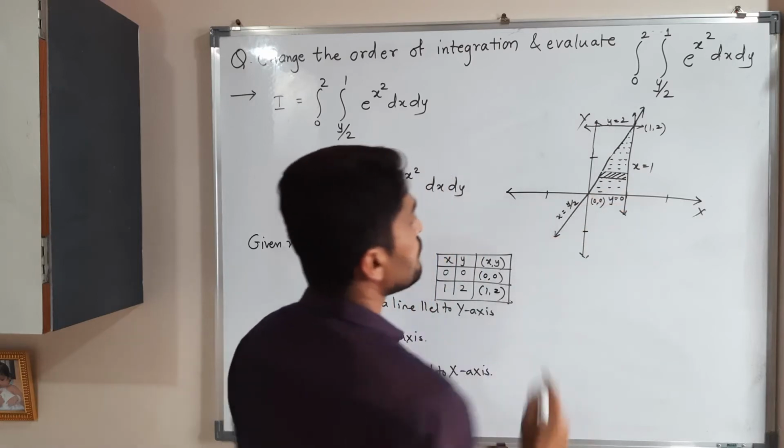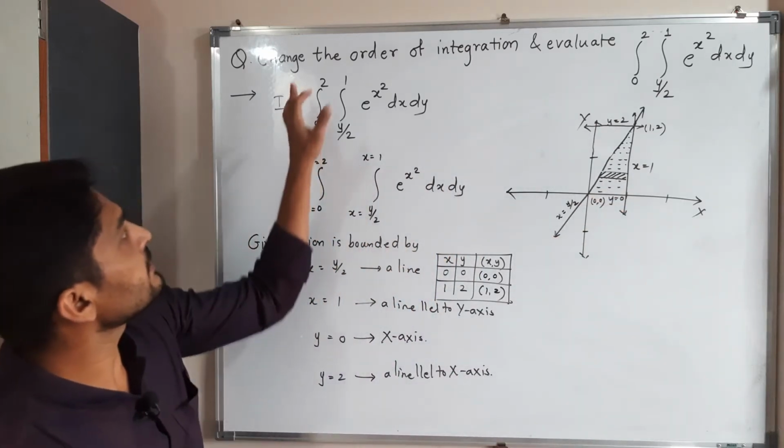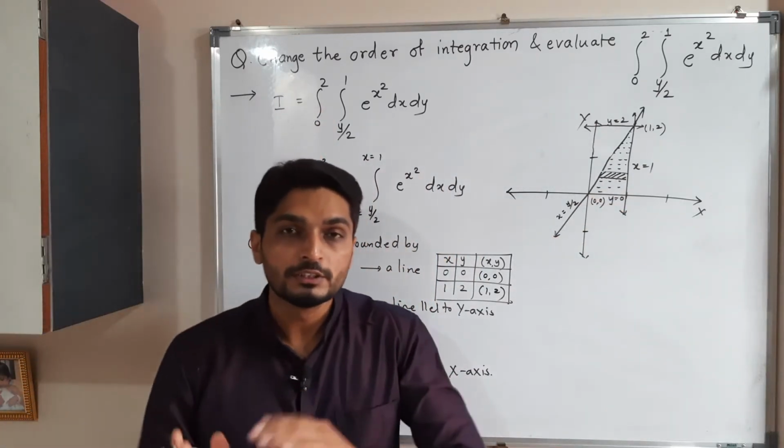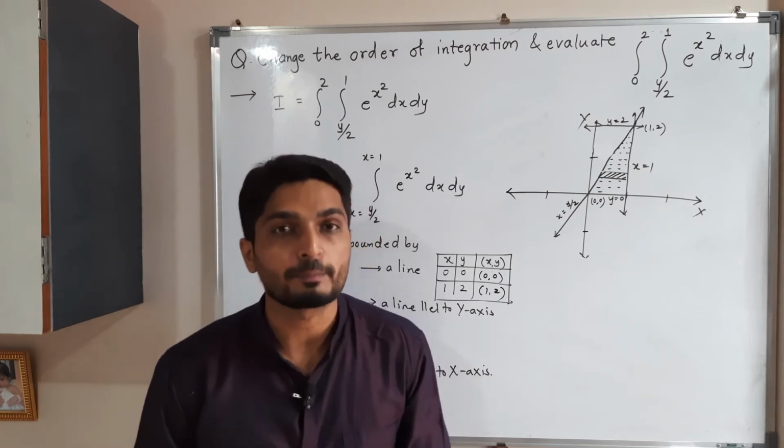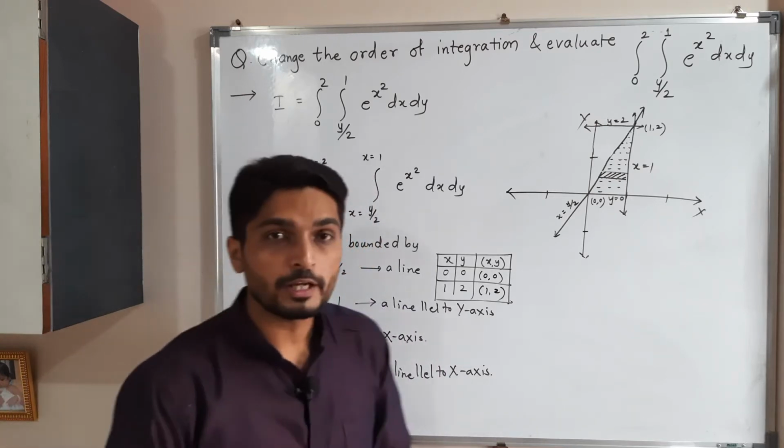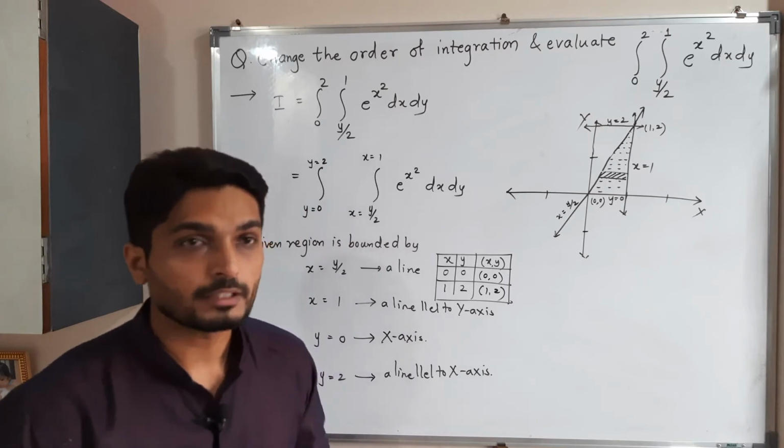Okay, so now we will follow the instruction. In the given problem they have mentioned: change the order of integration and then solve the problem. For that purpose, what will I do? I will consider a strip parallel to the y-axis.